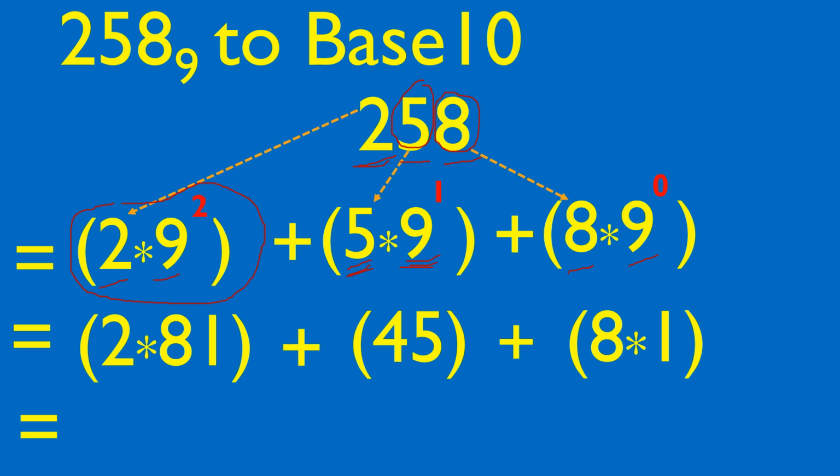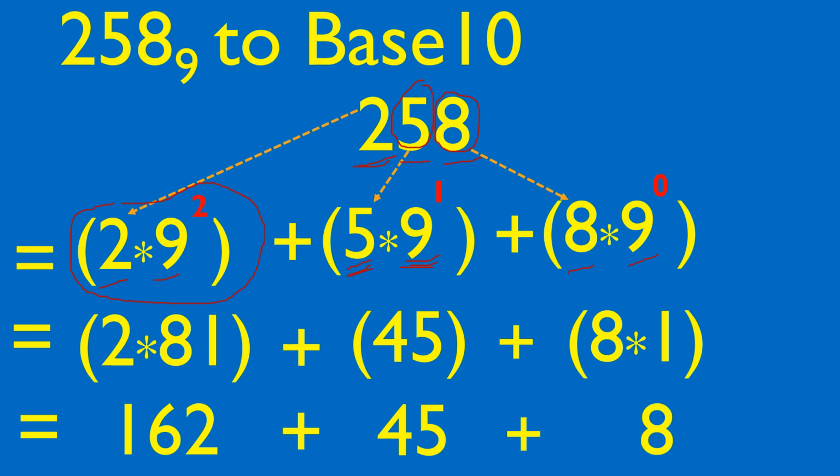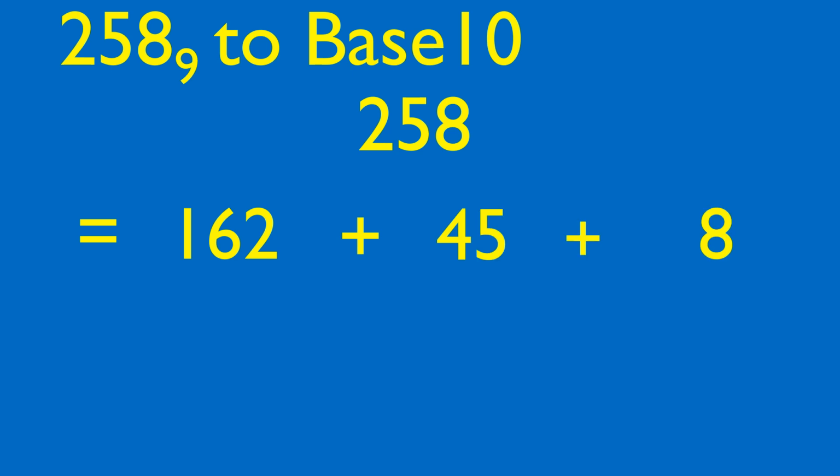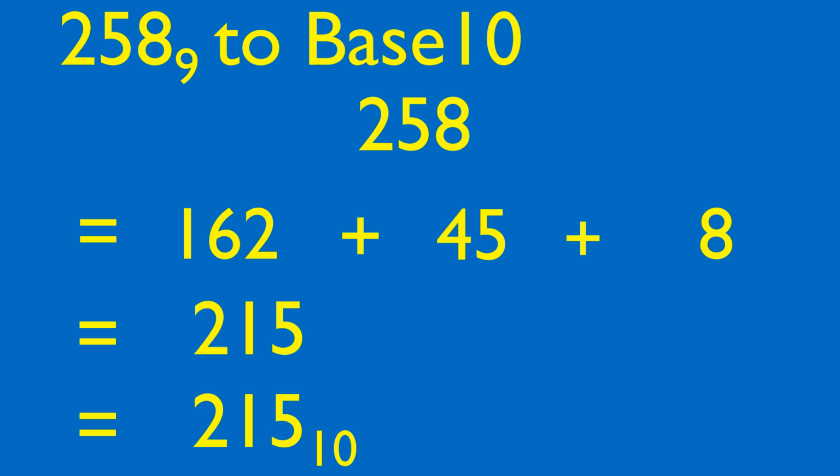We have 2 times 81, which is 162, plus 45 and then plus 8. We simplify this further. 162 plus 45 plus 8 gives us 215. And that is the answer to the conversion of 258 in base 9 to base 10.